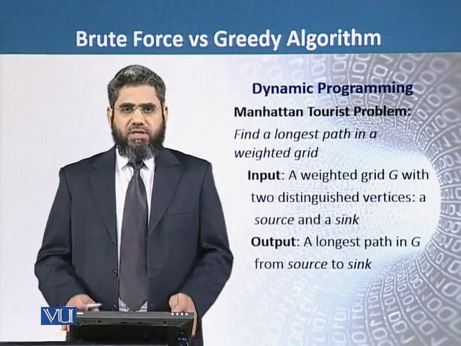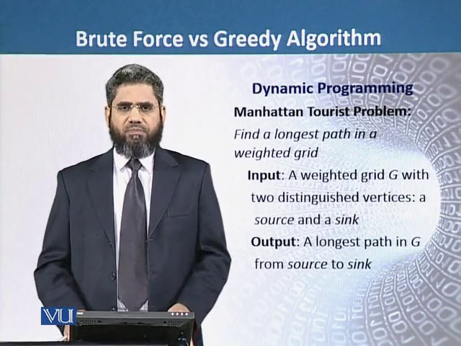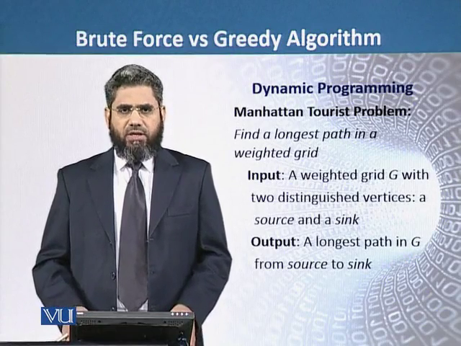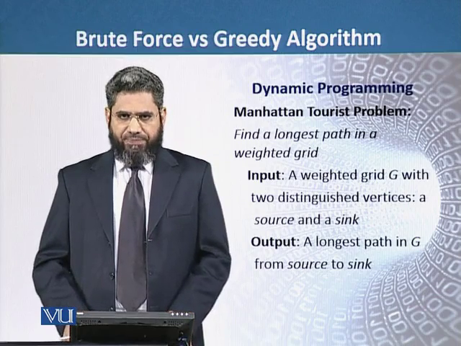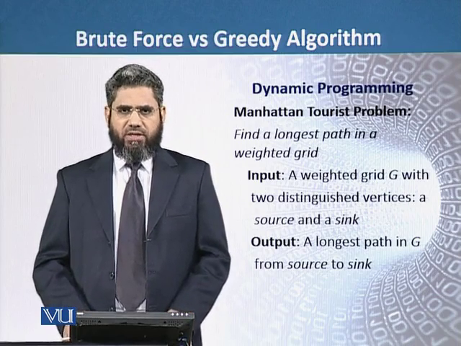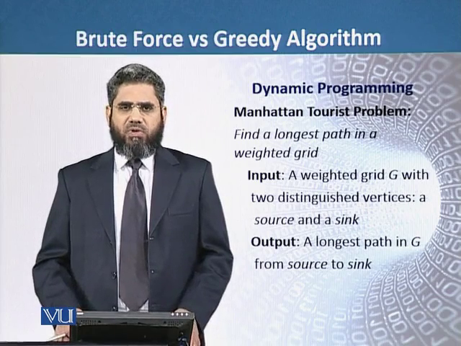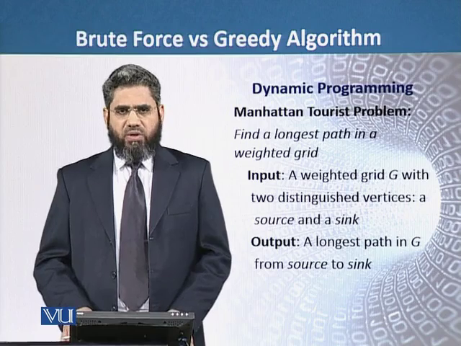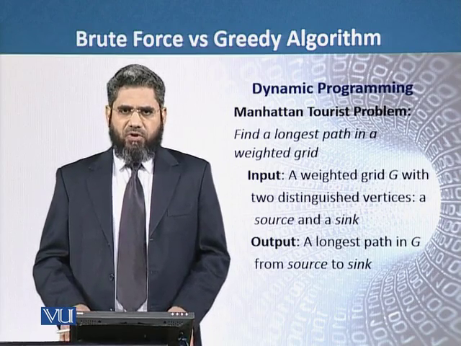So we will see the dynamic problem, and in this dynamic problem we will find the longest path in the weighted grid. Our target is to find the longest path with the maximum score.